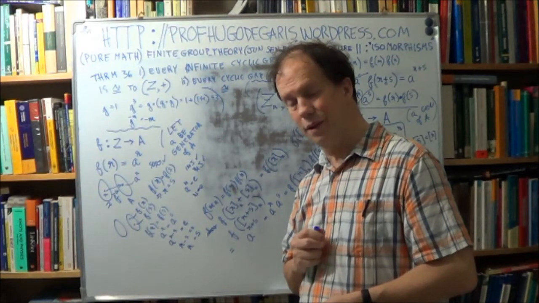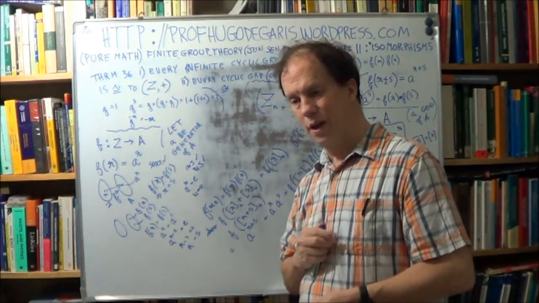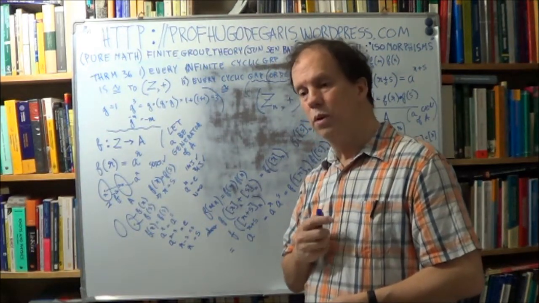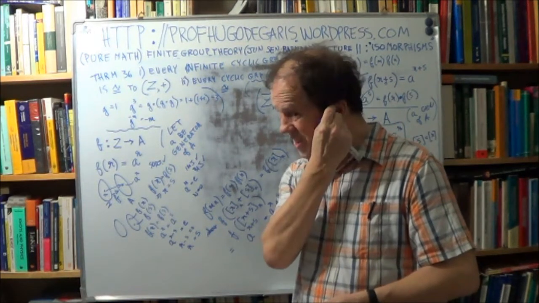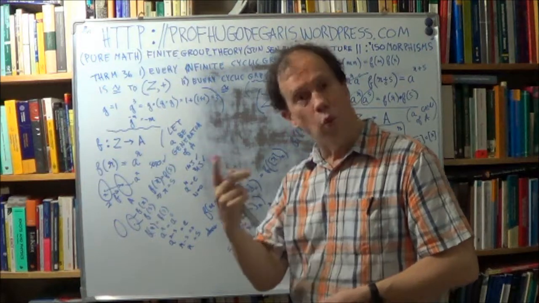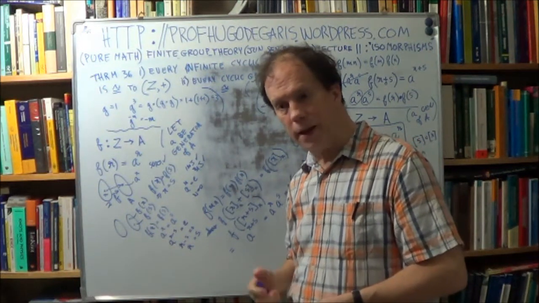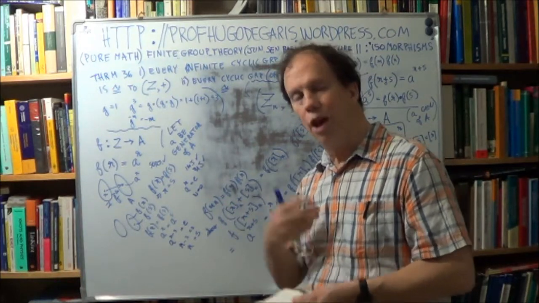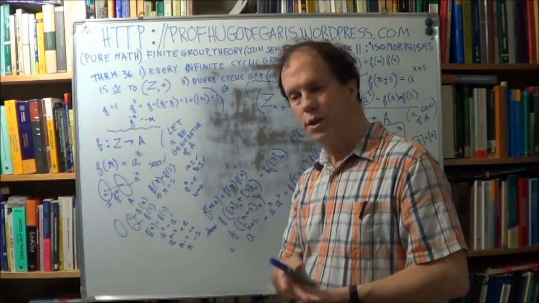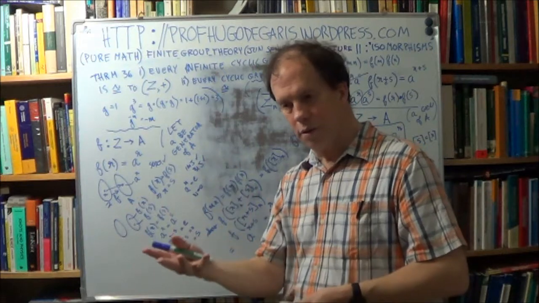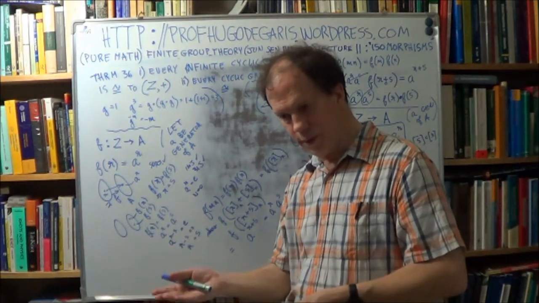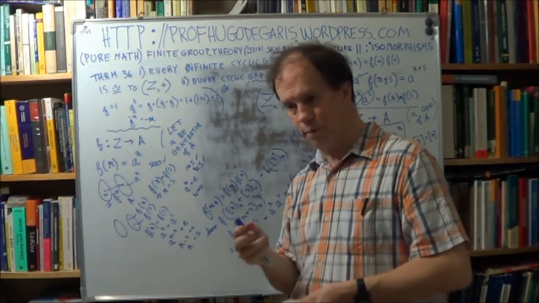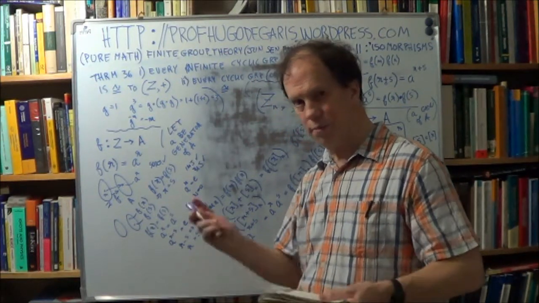And there's lots of techniques. So the next section that I'll talk about will be giving you one method, one trick, if you like, that helps you distinguish whether two groups are not isomorphic. It involves a proof, but I'll do that next time.